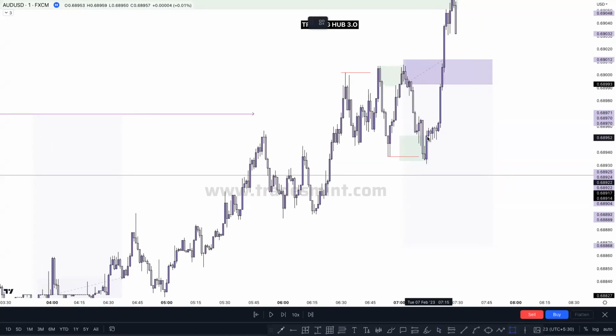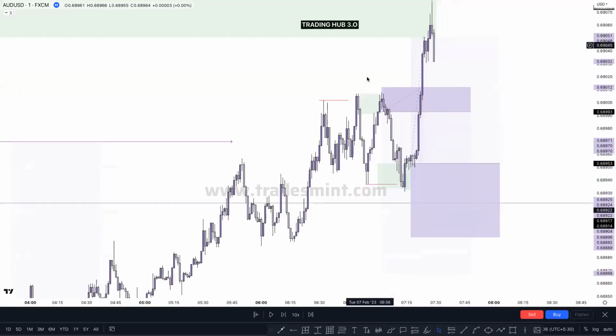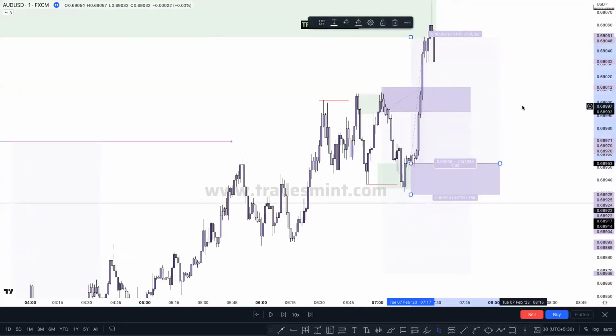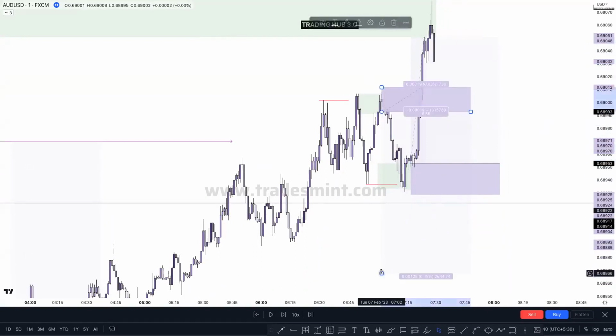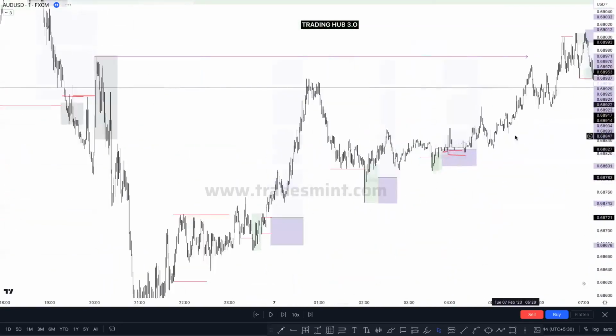You can buy here again, because this is the actual candle which took out the previous candle liquidity. So again you can buy here, but you have to put the target here because this is our 15-minute order block, right? And this trade closes on a break-even point. The same process happens here.